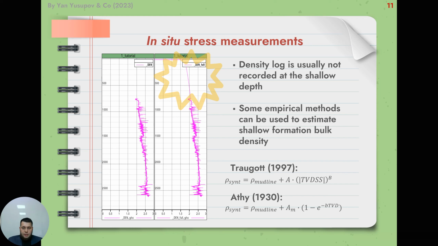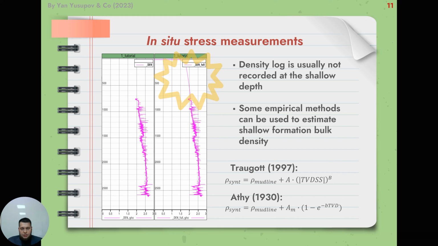So the density log is usually not recorded at shallow depths. This is a problem for geomechanics because the profile of overburden stress must be calculated from all densities. So some empirical methods can be used to estimate shallow formation bulk density.